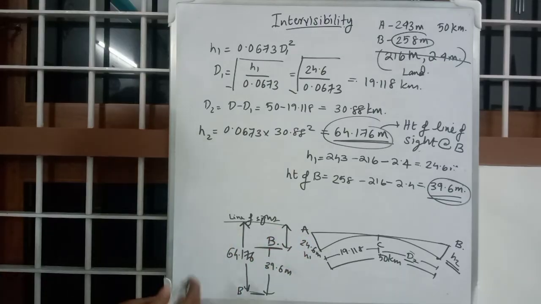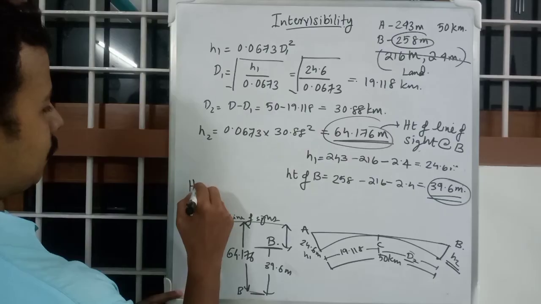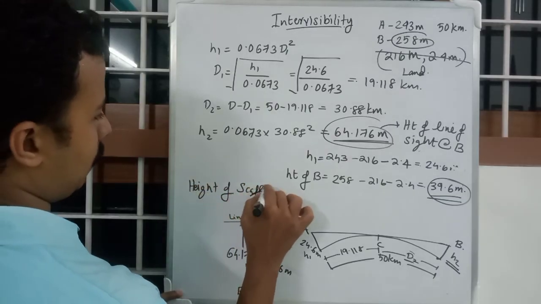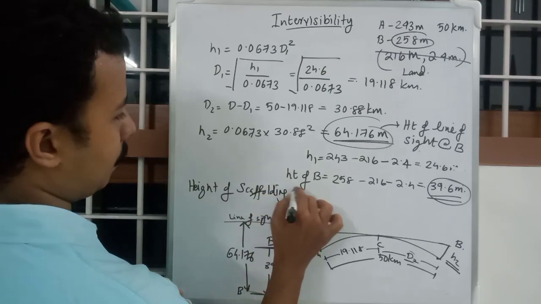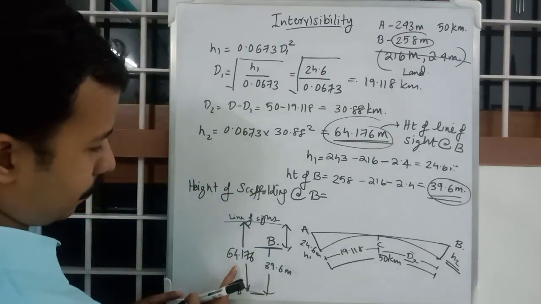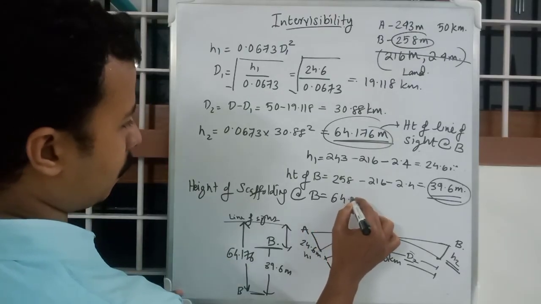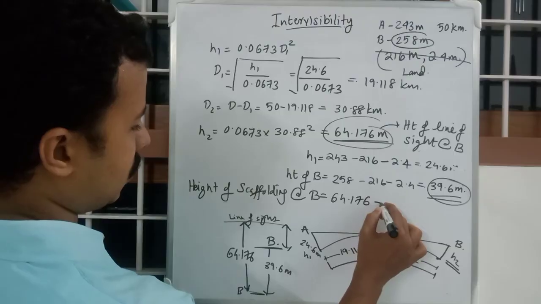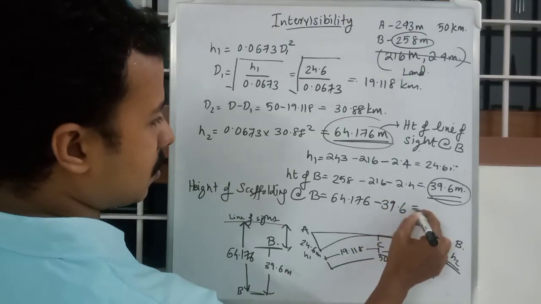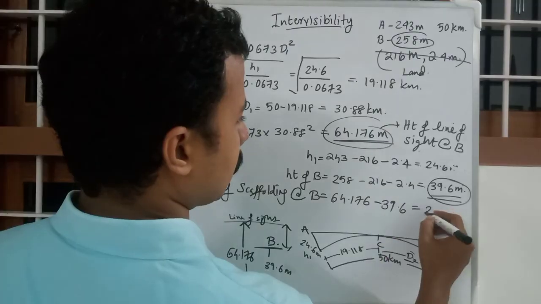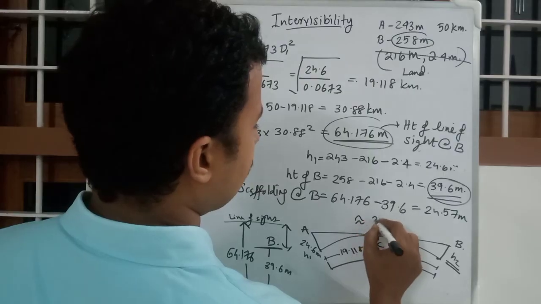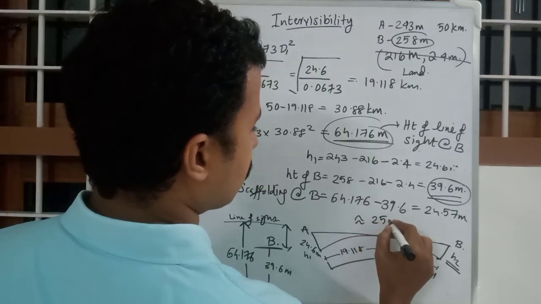So the scaffolding height at B is equal to 64.176 minus 39.6, that is equal to 24.57 meters, that is approximately 25 meters.